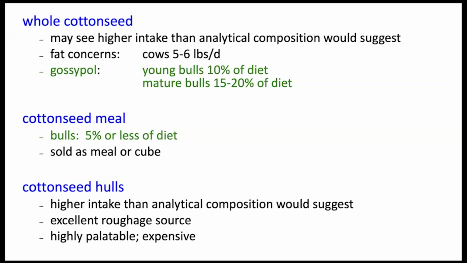Cottonseed meal, 5% or less of the diet for bulls. But again, if you're only feeding those bulls cottonseed meal for 90 days during the breeding season, and they're getting 2 to 3 pounds of a 40% cottonseed meal cube, not worried about that. But I was talking to a producer here a couple weeks ago from New Mexico, who was in a drought situation.